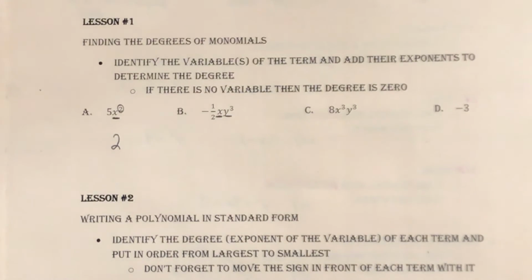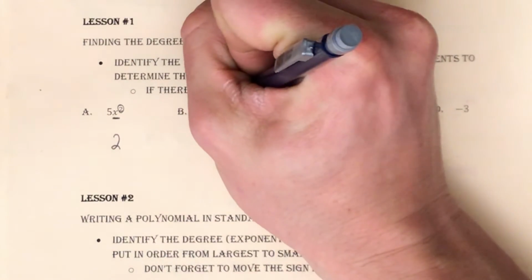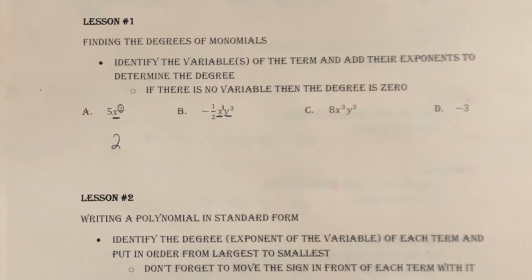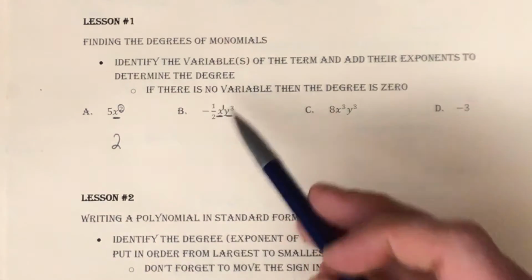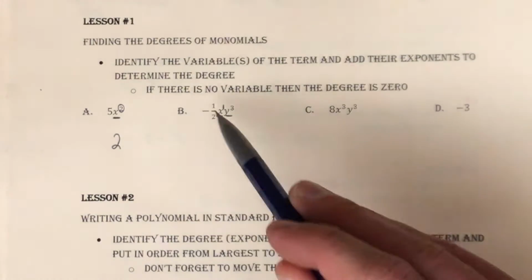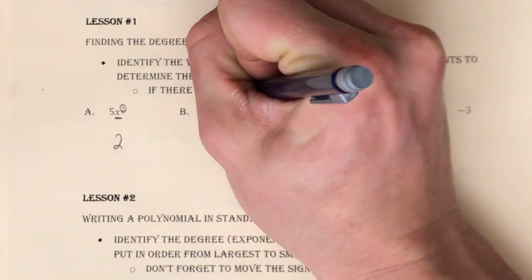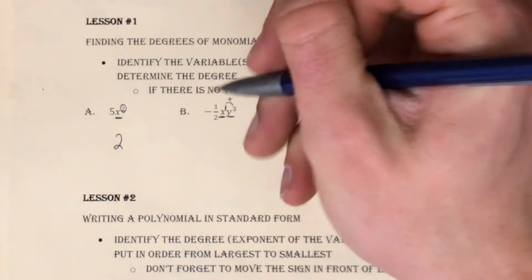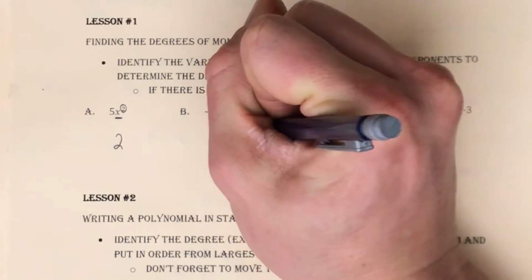So as we've learned about in the past, we need to put a 1 there. So the exponent of x is 1. So in order to determine the degree of this monomial, we need to add the exponent of x with the exponent of y. Well, that would mean 1 plus 3, so the degree of this monomial is 4.